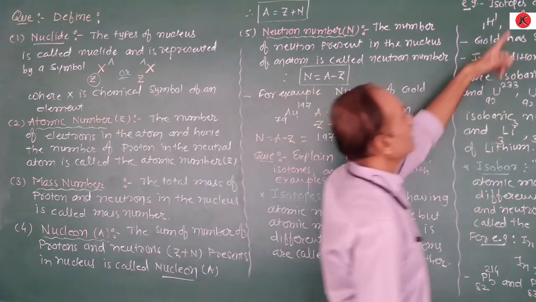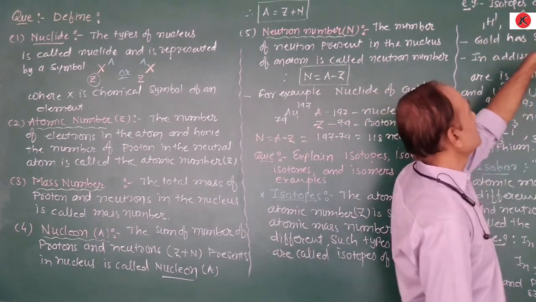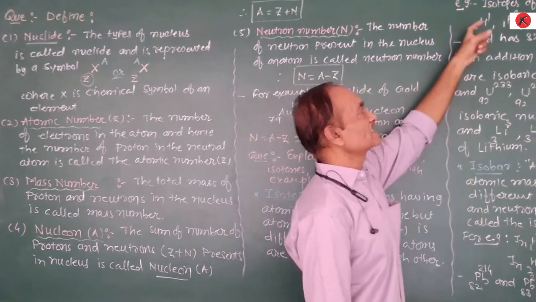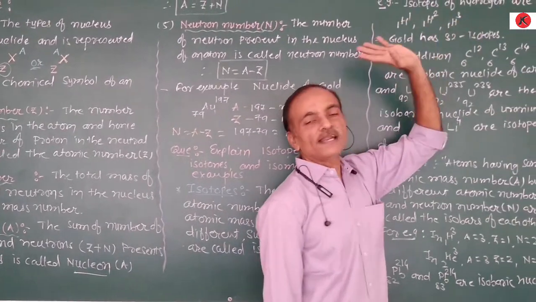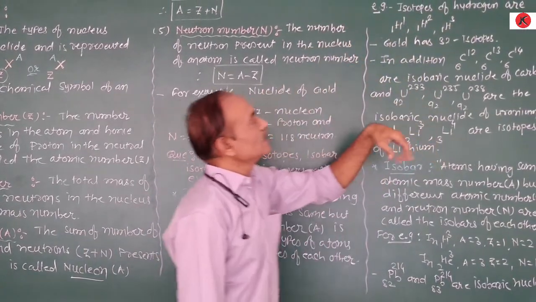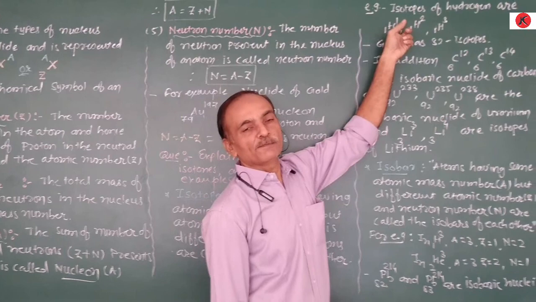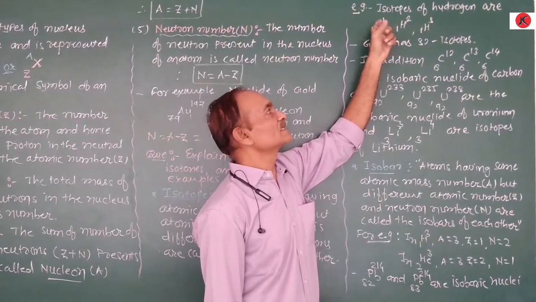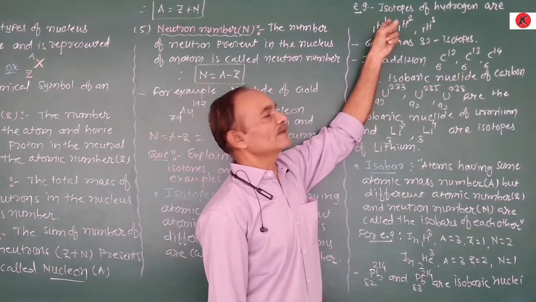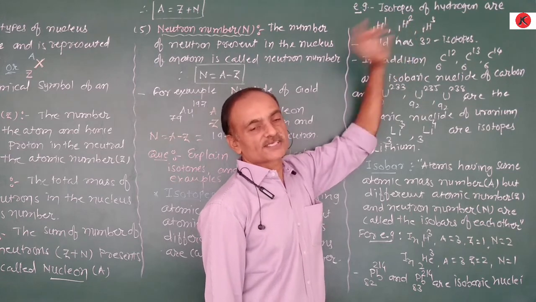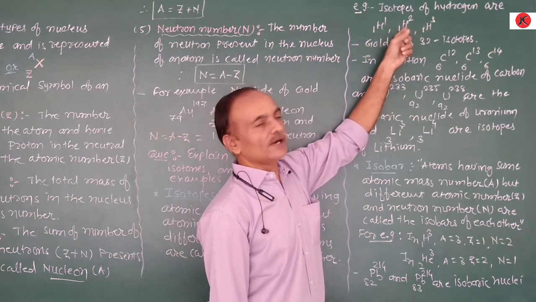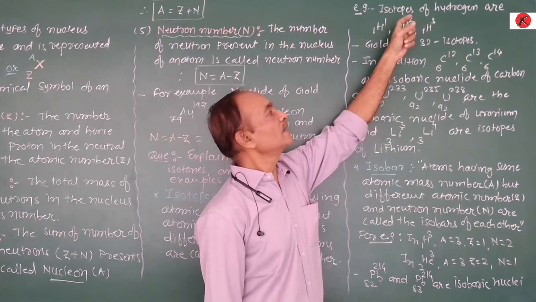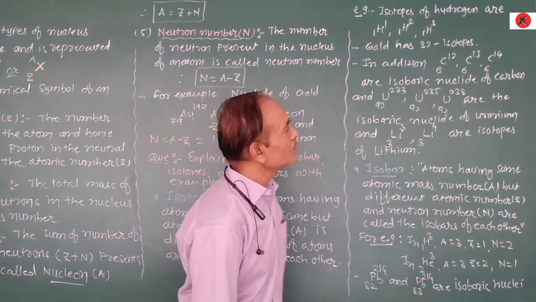As an example, the isotopes of hydrogen are 1H1, 1H2, 1H3. In 1H1, one proton is present, neutron is 0, and the total number of nucleons is 1. In 1H2, deuterium, 1 proton, 1 neutron, and the total number of nucleons is 2.